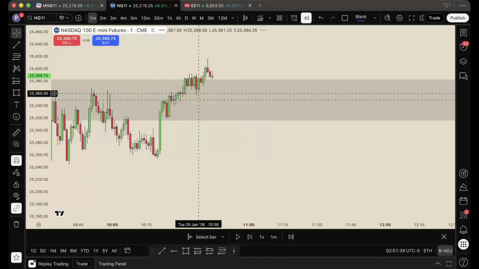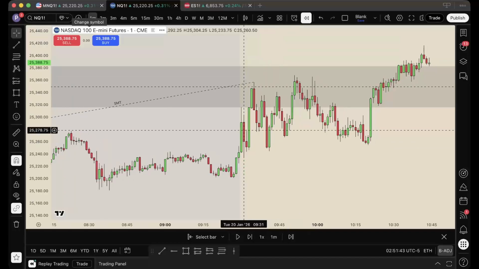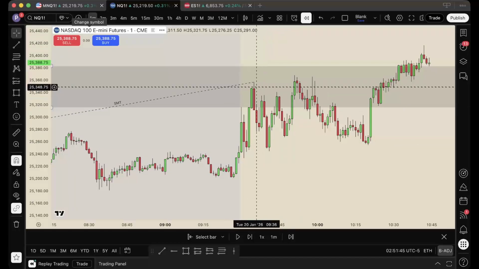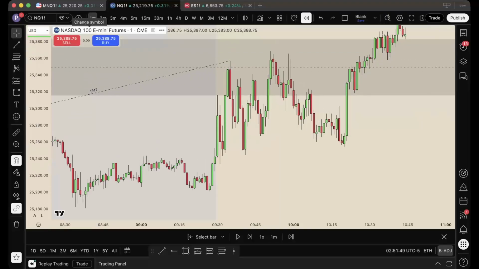So I was watching to see some kind of rejection. As you can see, the bodies respected CE of that gap, and it then displaced down.